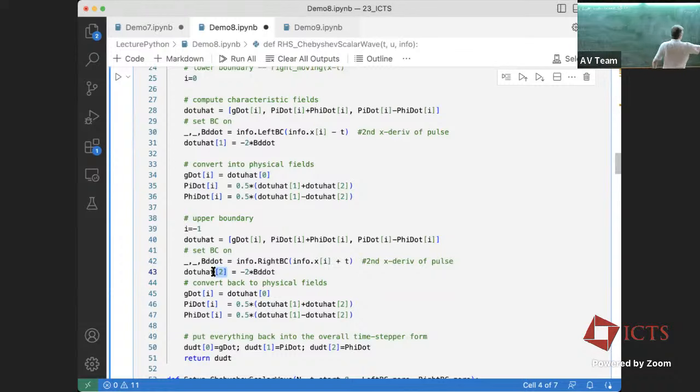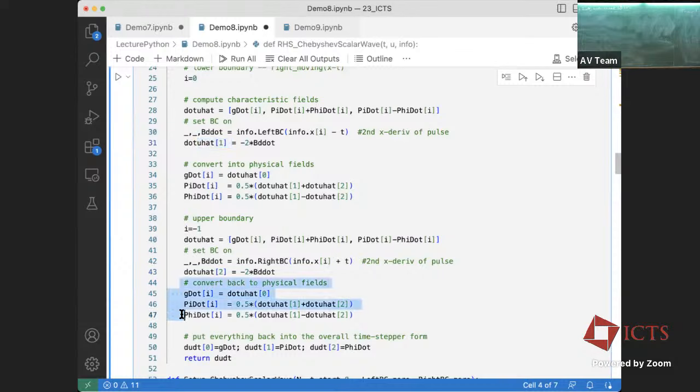And whatever is moving left into the domain of the upper end is going out at the lower side. So it's the opposite mode that needs a boundary condition here. So at the upper boundary, it's the second fundamental field. At the lower boundary, it was the first fundamental field that needed a boundary. But otherwise, all of this is the same.